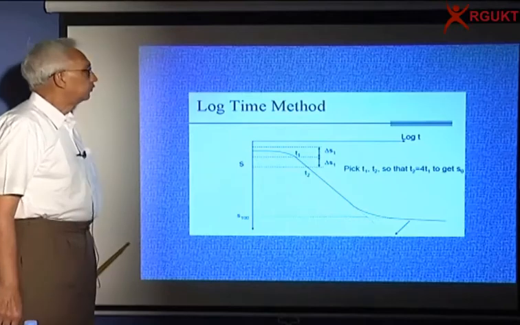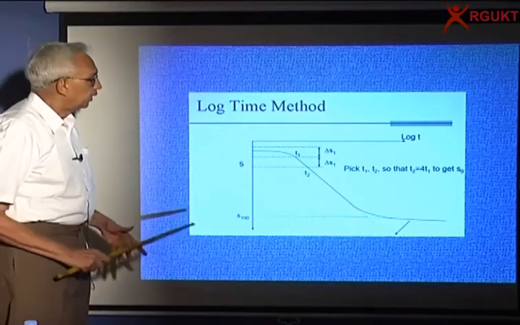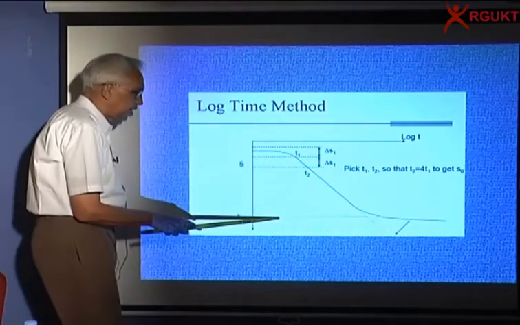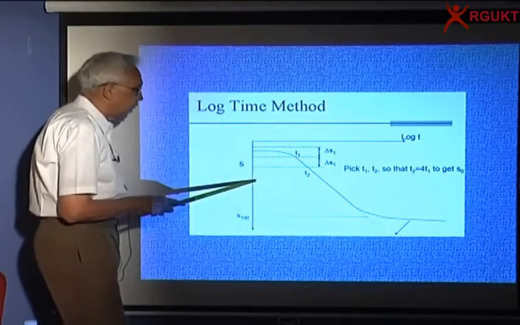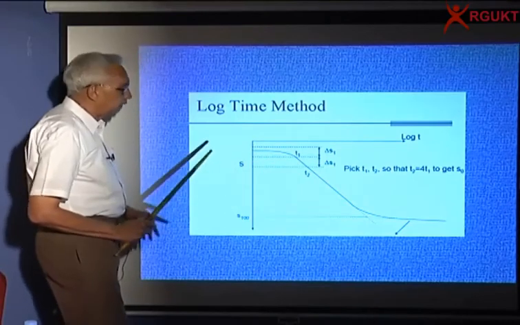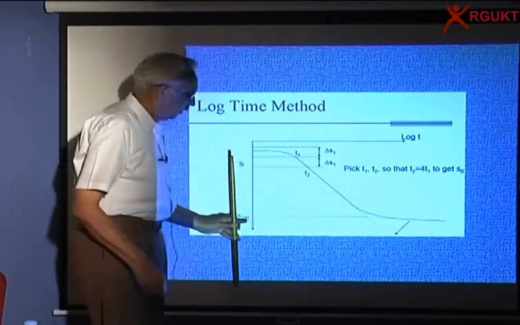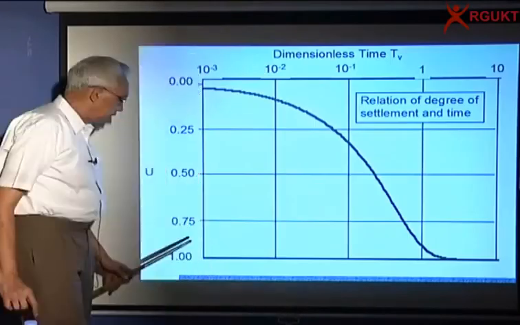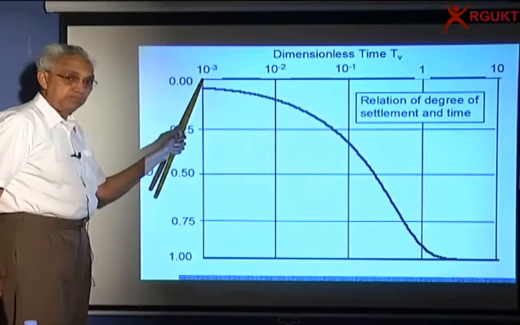In case of the log time method, if I now plot this graph and the asymptote is almost horizontal, the 50% will come somewhere here. Now this is a slight correction, because when you plot with a log scale, you will not start with t equal to 0. There is no way you can get that. The smallest value is a finite value.